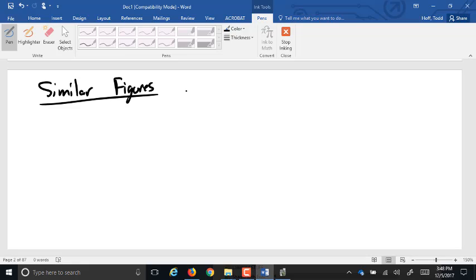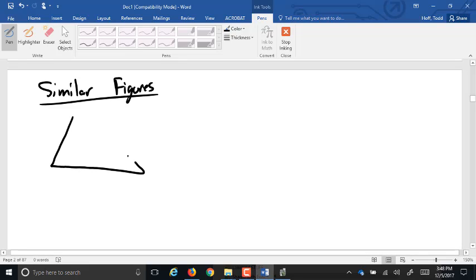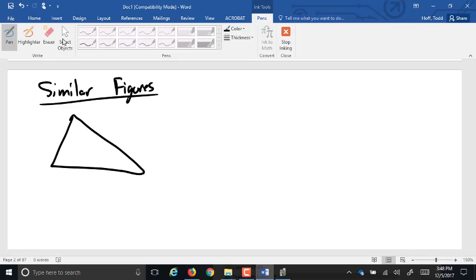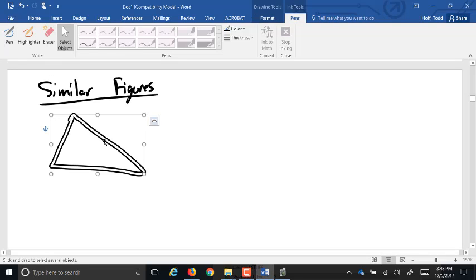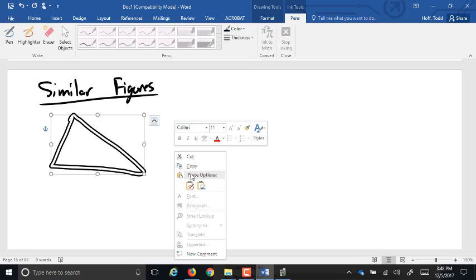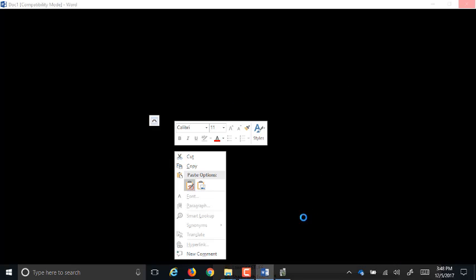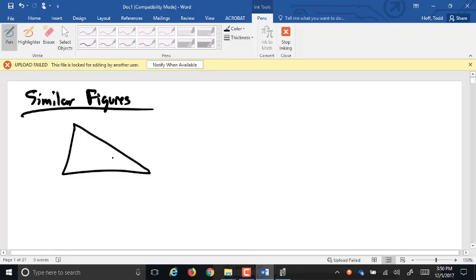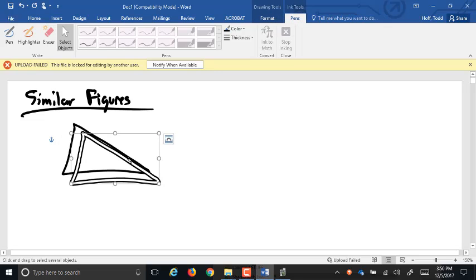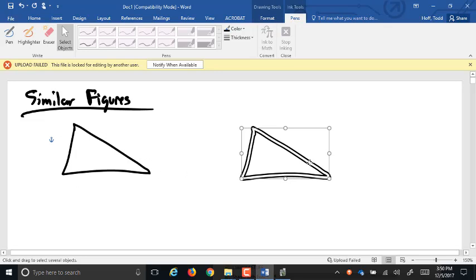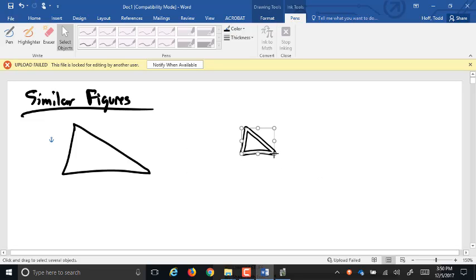For example, if I take this triangle here and I copy it, and I reduce it, I shrink it down.